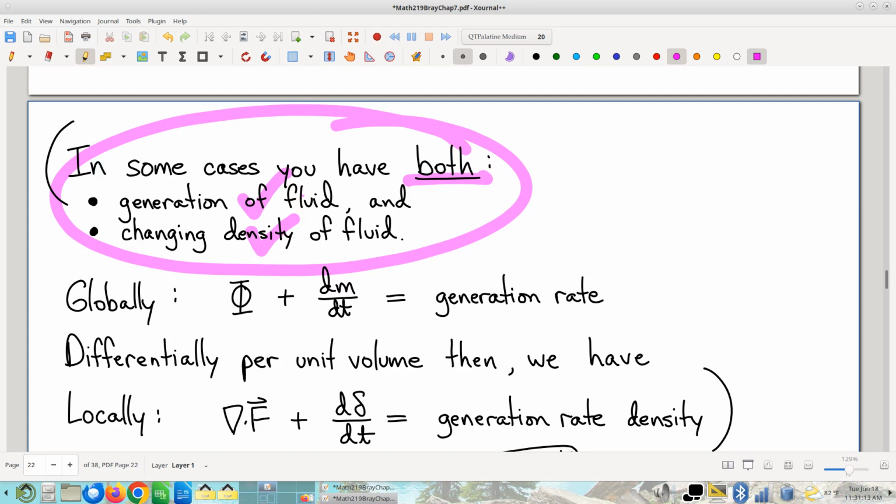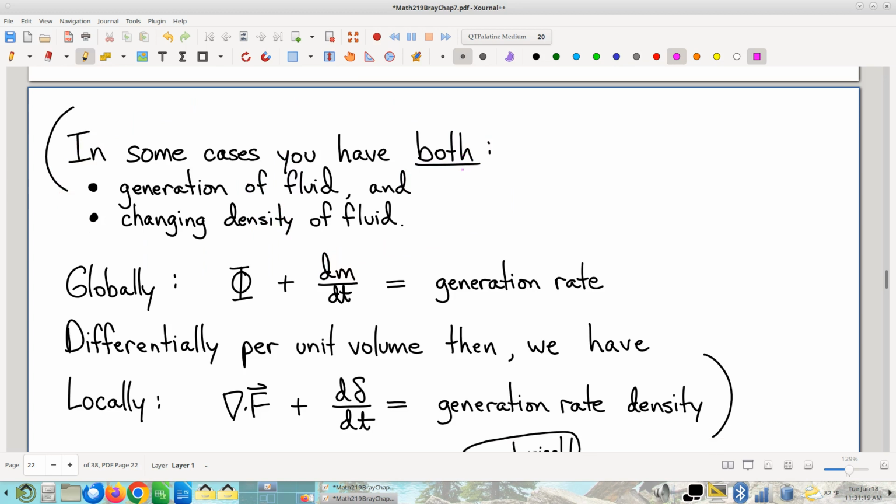If you wanted to keep track of this kind of dual-featured fluid, I make the observation that when you generate pythons, they either stay, which increases their density, or they leave, which creates flux.